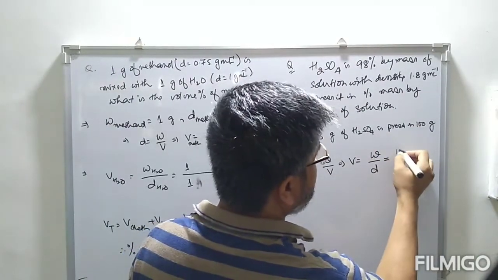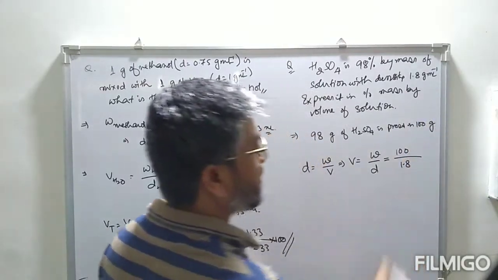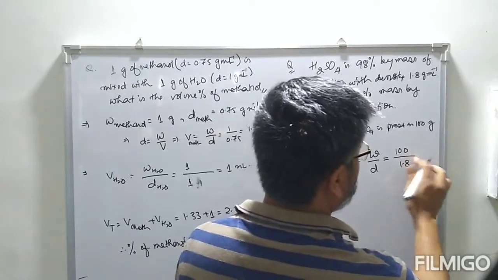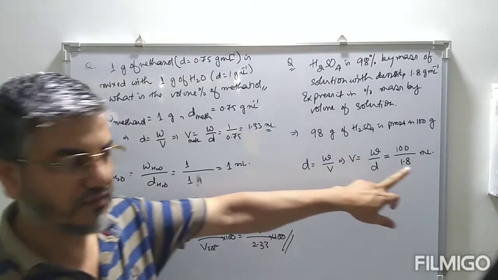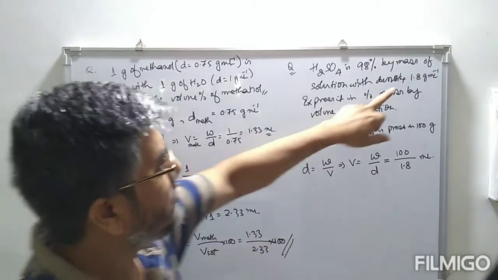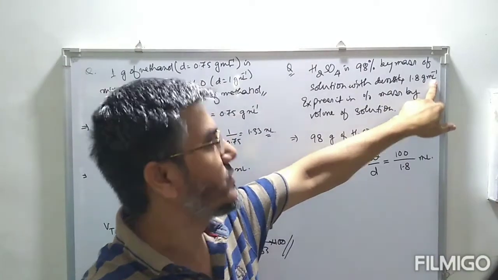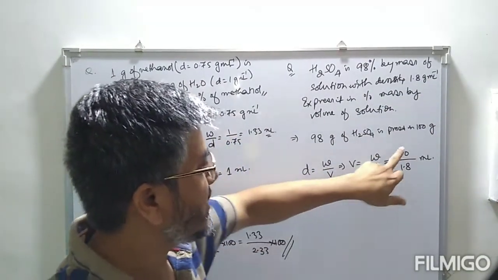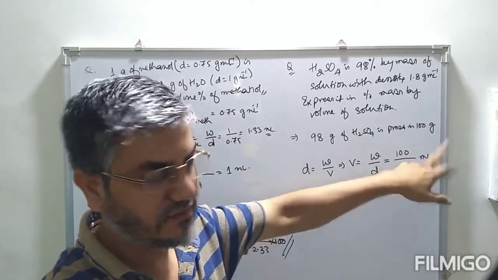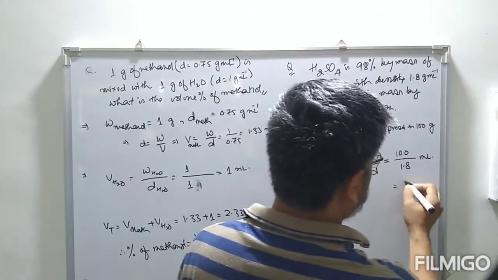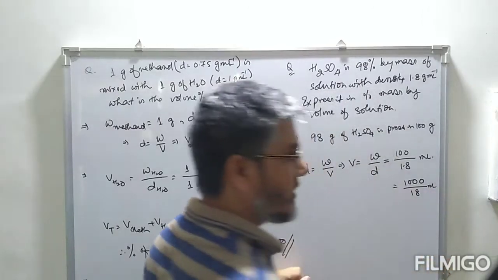Total mass of solution is 100 gram. Density is 1.8 gram per ml. So 1.8 gram is present in 1 ml of solution, and 100 grams should be present in this much ml. So this is 1000 divided by 18 ml.